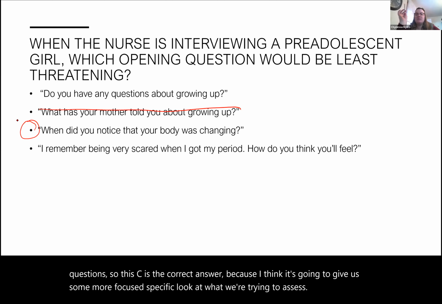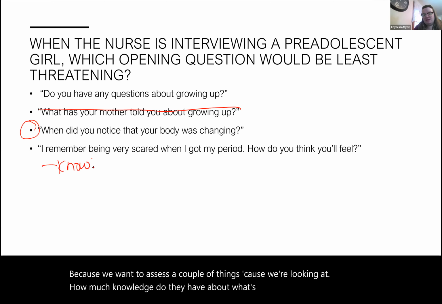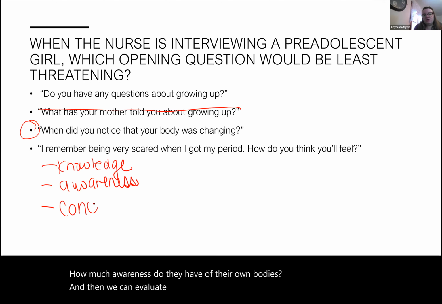Because we want to assess a couple of things. We're looking at how much knowledge they have about what's happening, how much awareness they have of their own bodies, and then we can evaluate any concerns or questions that come from that.